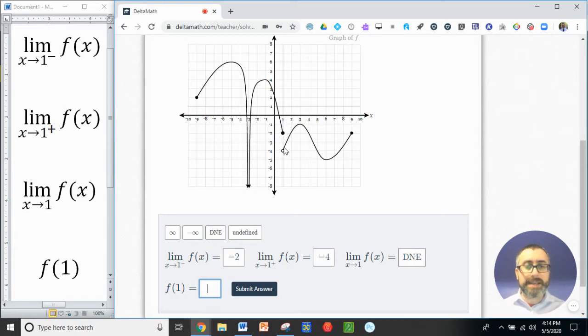So 1, -4 is not actually included in our function. That's why we have the open circle. 1, -2 is included. That's why the circle is closed. So when we have the x value of 1, our y output is actually -2. The actual output here happens to match the limit as x approaches 1 from the left.